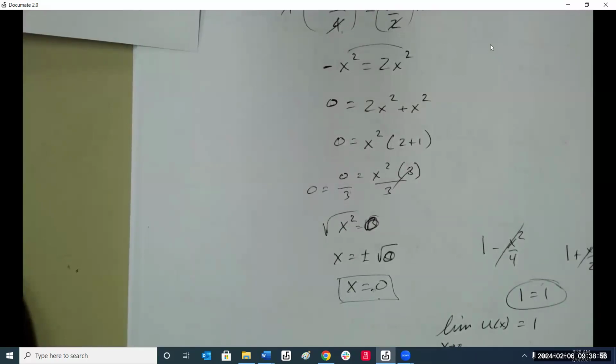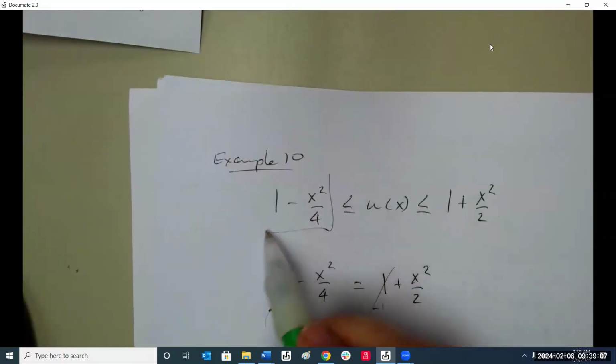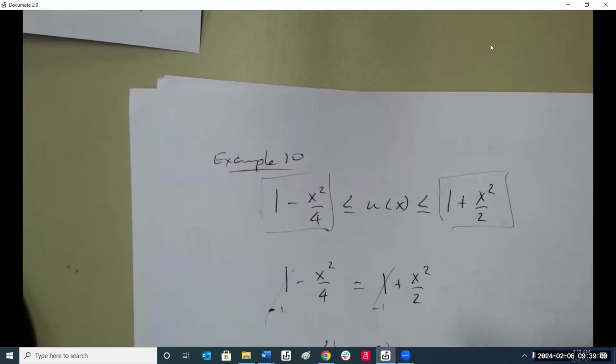That's the squeeze theorem. We know that since both end limits are the same at 1, the middle one has to equal 1 too. The only way this could be true is if this equals 1. That's the squeeze theorem.